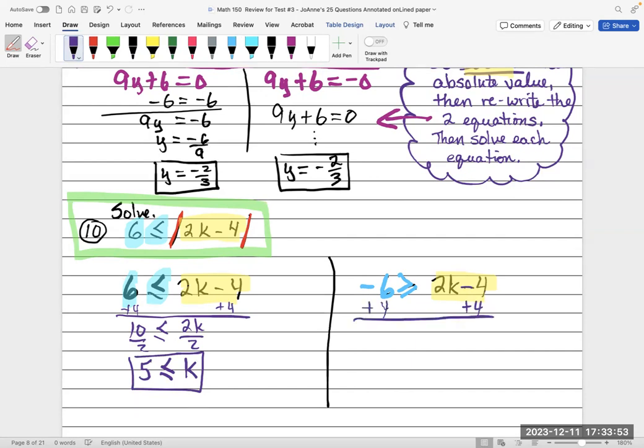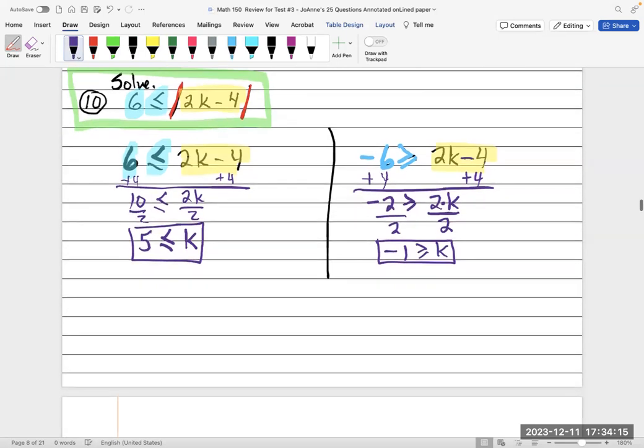Minus 6 plus 4 is a negative 2. Again, I'm adding or subtracting, so I do not change the direction of my inequality. Because this is multiplication, I will divide by that 2. I'm dividing by a positive 2, so negative 1 is greater than or equal to my k.